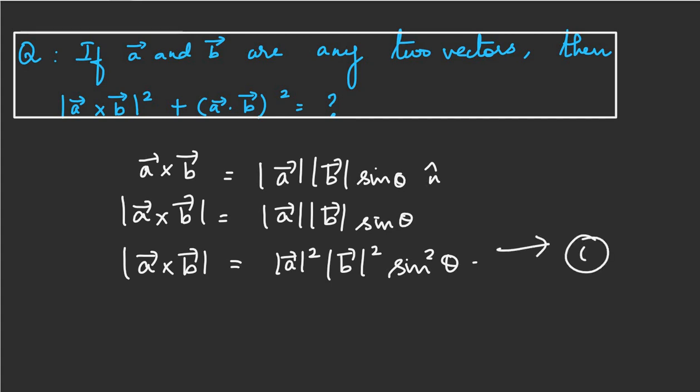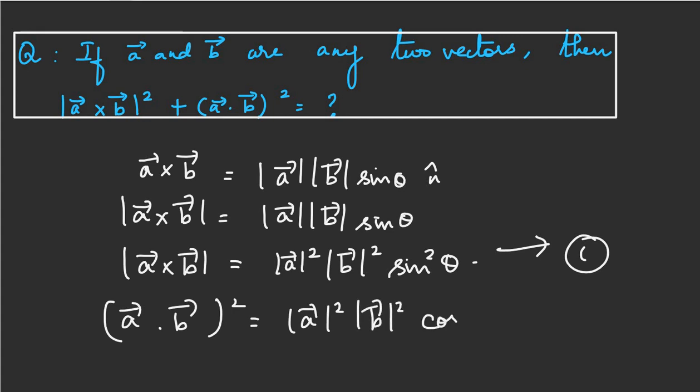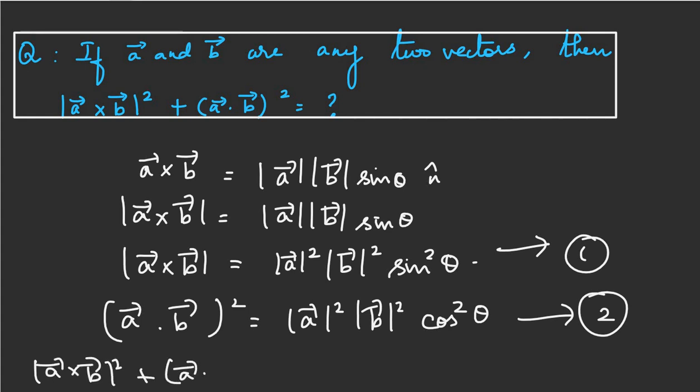Next, we want to find A dot B. A vector dot B vector the whole squared. According to the definition, we know it is equal to modulus of A vector square modulus of B vector square into cos square theta. Now, this is equation number 2. So, adding 1 and 2, we get mod of A cross B whole squared plus A dot B the whole squared is equal to adding these two values.